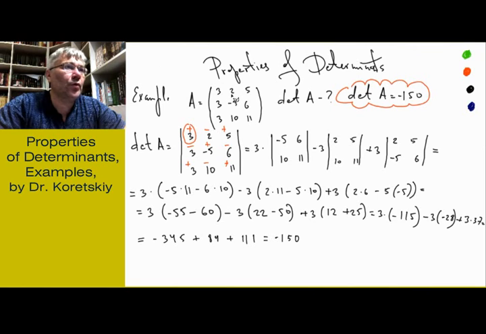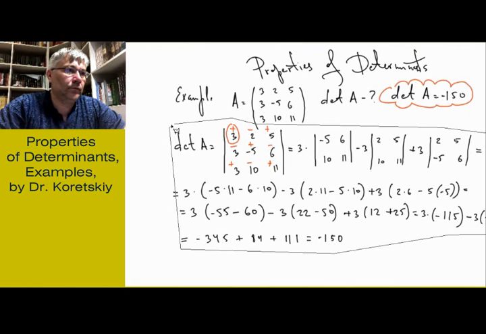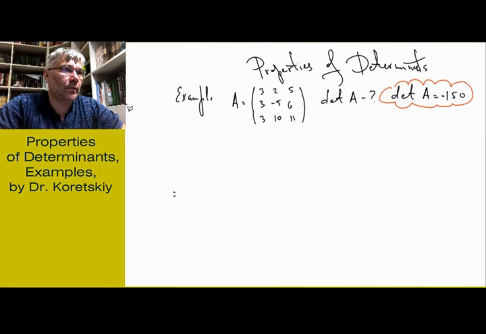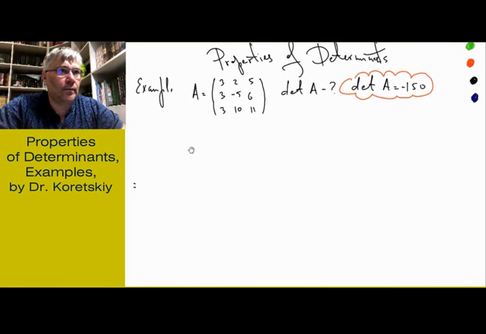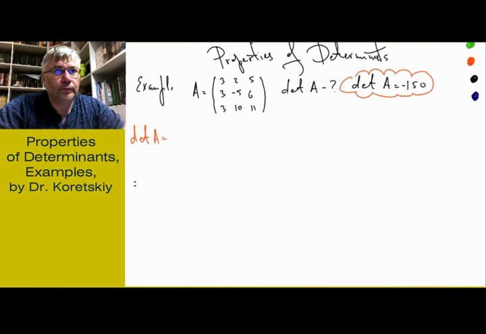And now we can try to recalculate this determinant using the properties of the determinants, not matrices. Let's calculate the determinant of A equal to 3, 2, 5, 3, minus 5, 6, 3, 10, 11.